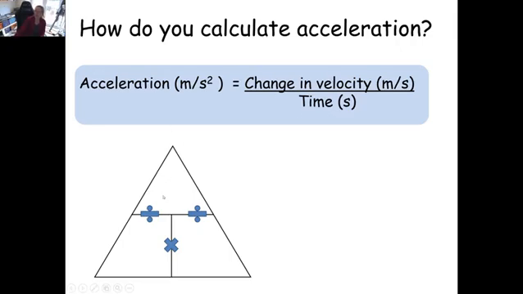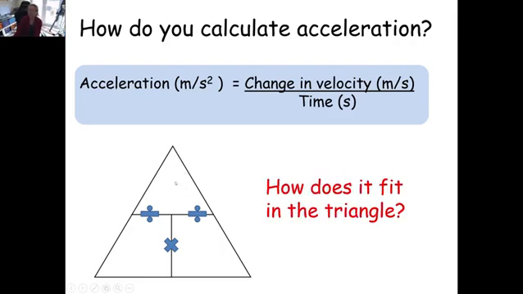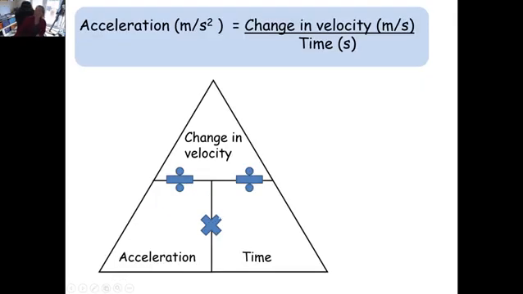So when you cover acceleration up in the triangle, you have got to be left with change in velocity divided by time. The only way to do that is to put change in velocity up here and time down here so that it fits. So when we put a triangle together, it should look like this, and again, if you know 2 of the values, you will always be able to work out the third.